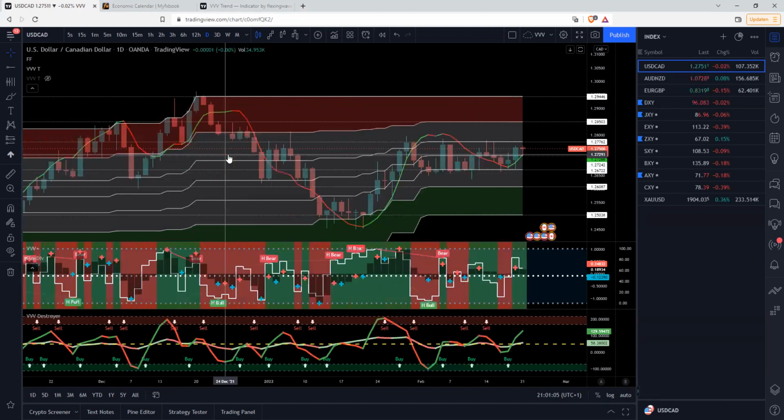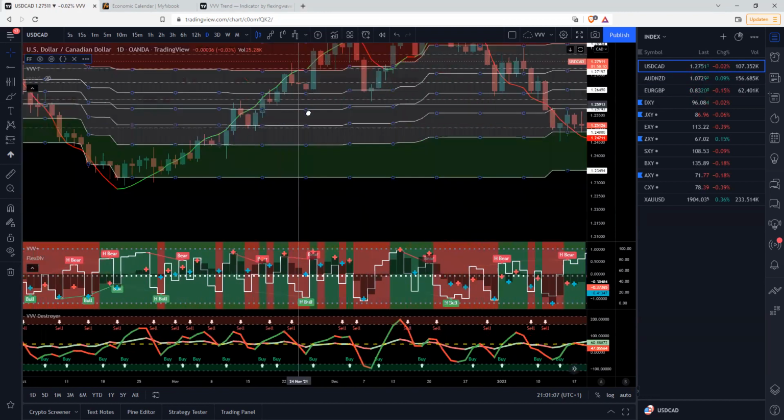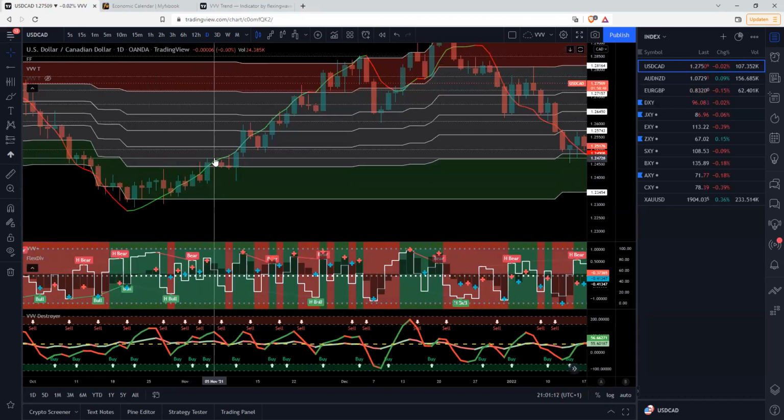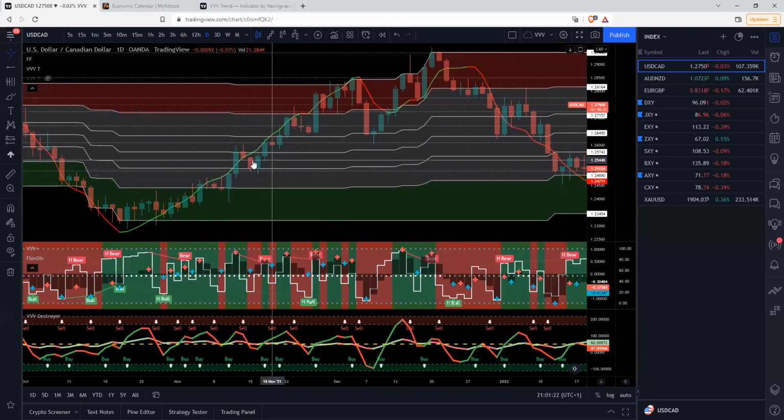Trade from zone to zone. Understand it. Trade zone to zone. We break out of the zone, retest the zone, trying to break down, closing above and going up. All right. When we break another zone, retesting, break up.